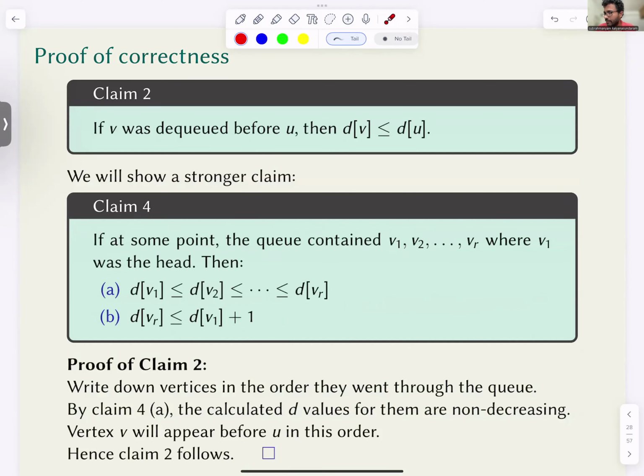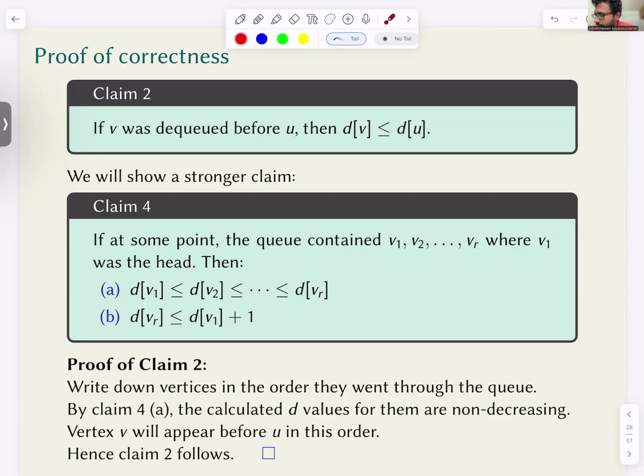This is claim 1. Claim 2 is: if you look at two vertices V and U, if V is dequeued before U, then the d value of V is smaller than the d value of U. It's easier to show a stronger statement.